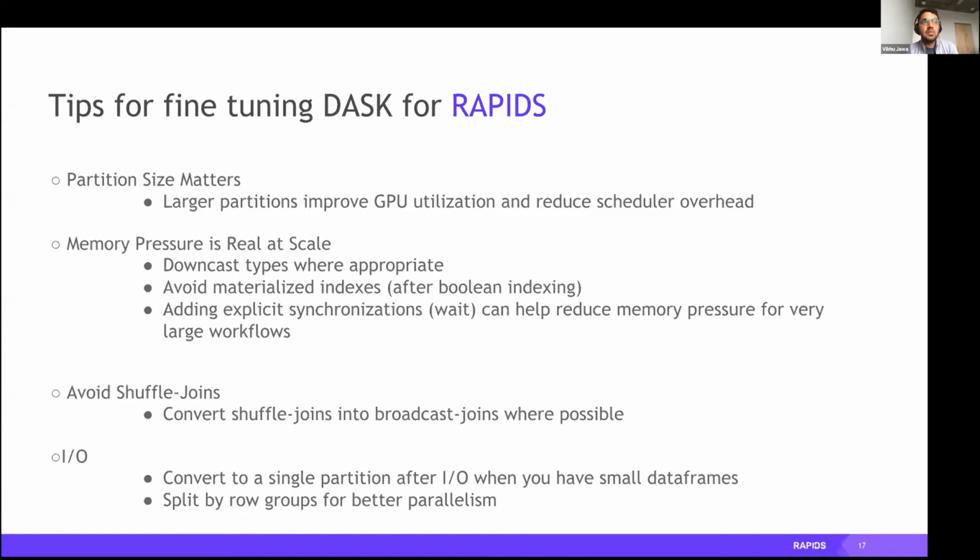This again comes back to the fact that a single GPU is that parallel, so you get more acceleration out of it. And if you want to parallelize across more GPUs or tasks, you can split your data by row groups for your parquet data and often get better parallelism.